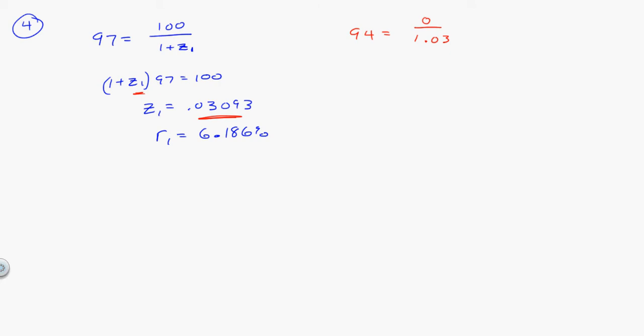Let me get this exact number. I want to make sure I have that. Okay, so I did have that number exact, so 0.03093 to the first plus 100 plus 0 is a coupon over 1 plus Z2 squared.